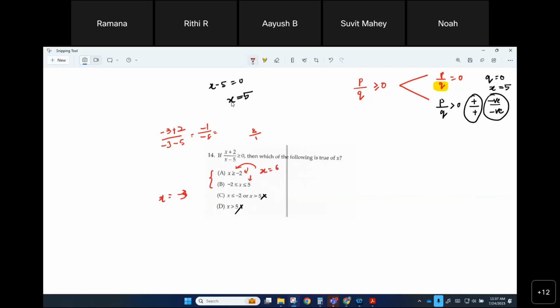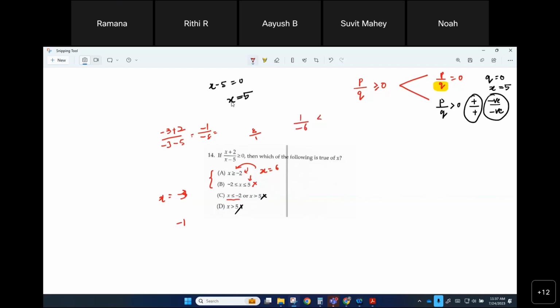So x can be less than -2, correct? We just proved if x is -3, x can be less than -2, so B is wrong. Now, that means x can be, let's say, more than -2. If I pick -1, what do I get if I plug in -1? -1 plus 2 is 1, and -1 minus 5 is -6.